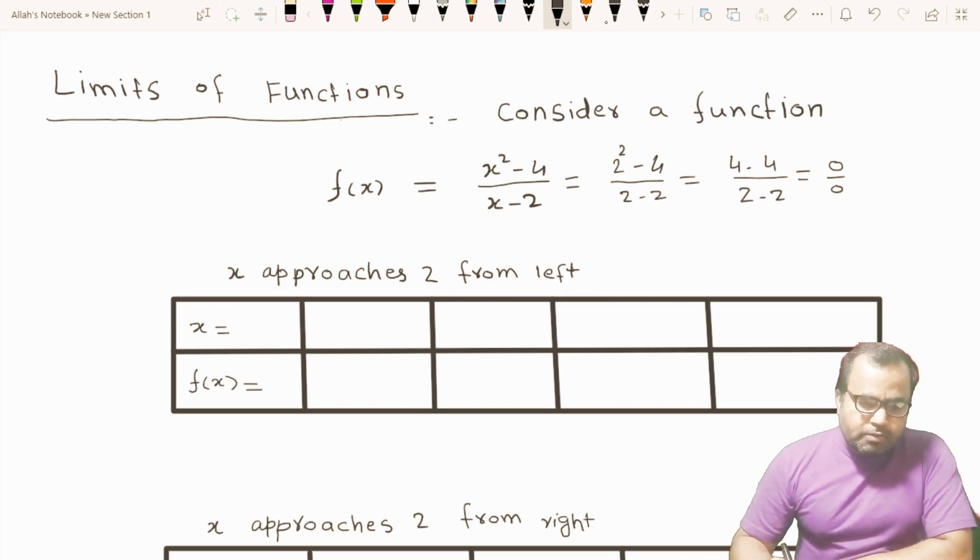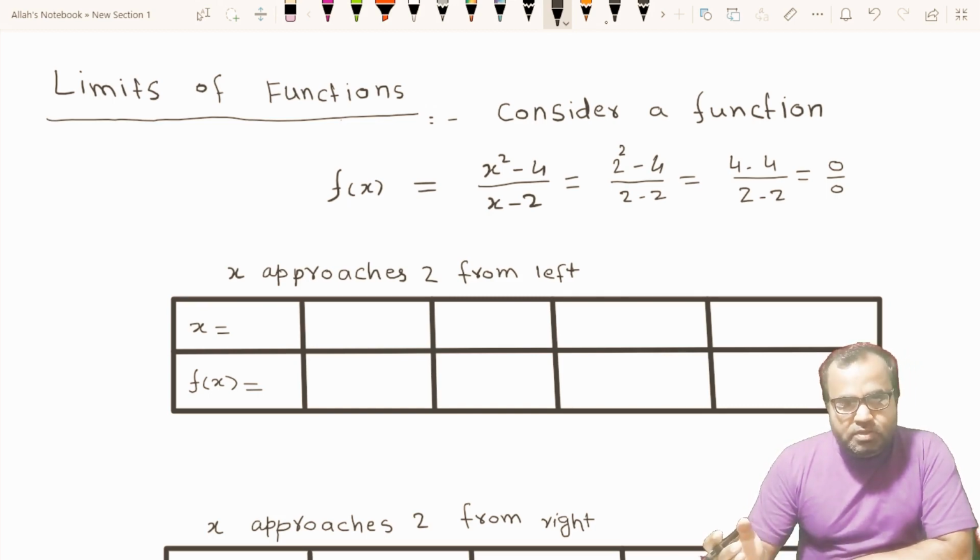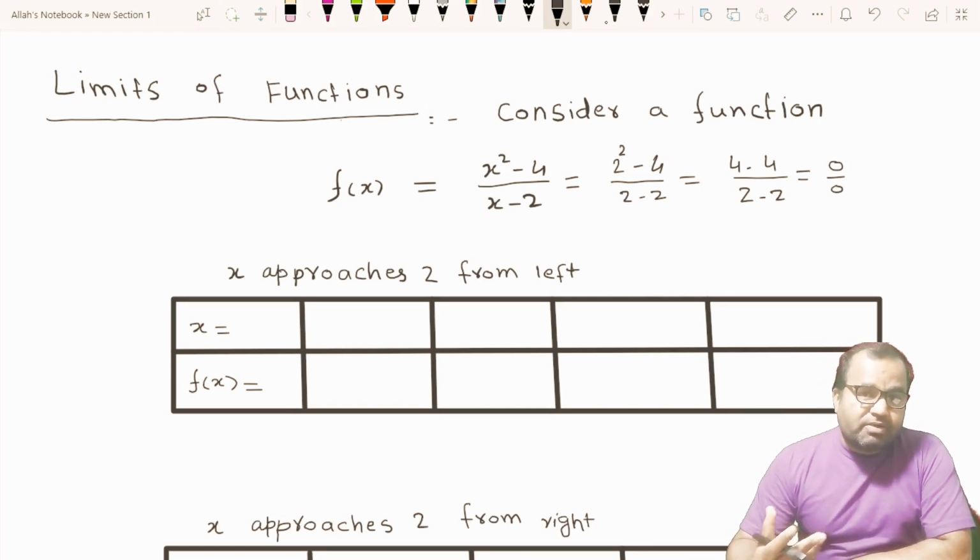If we put an approximate value, meaning a value from the left or the right of 2, then either we will get the 0 divided by 0 form or we will get another form.